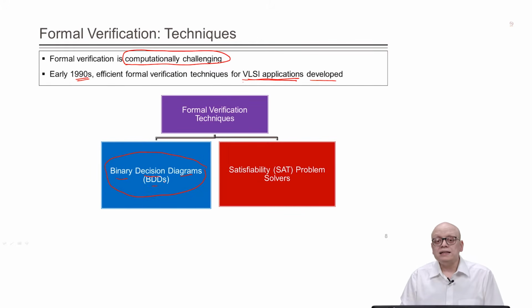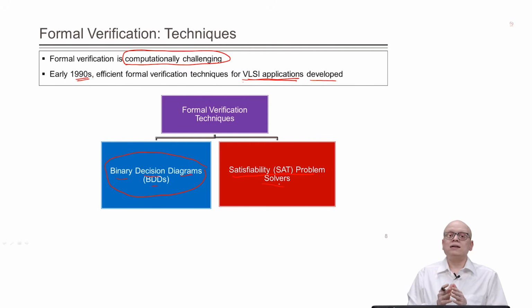And the second technique, which allowed formal verification tools to scale to realistic designs, was the implementation of very efficient algorithms that could solve the satisfiability problem, or in short, the SAT problem.